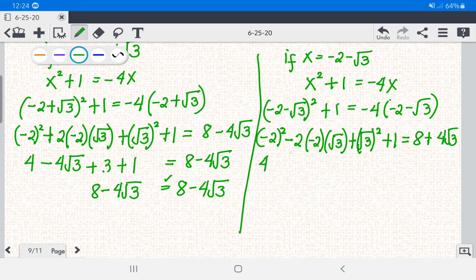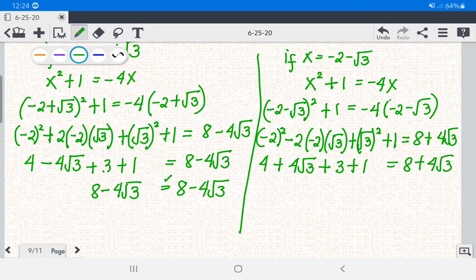Then negative 2 times negative 2, we have positive 4 times square root of 3, so we have 4 square root of 3. Then plus square root of 3 squared, we have 3. Then plus 1 equals 8 plus 4 square root of 3.